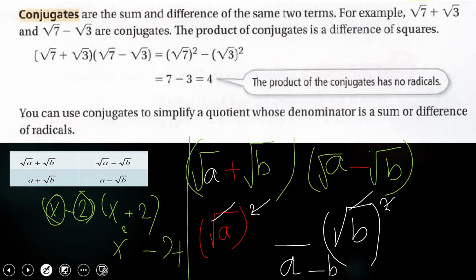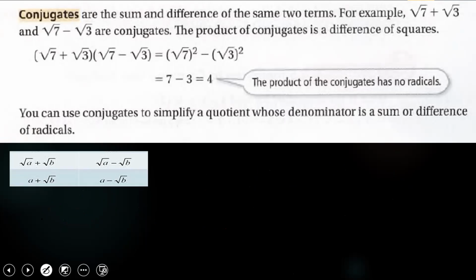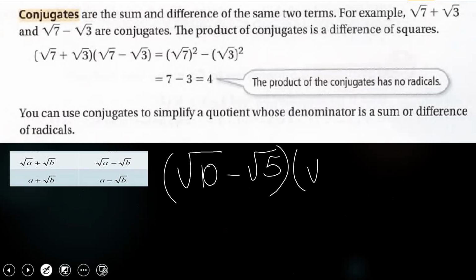But before, Huda, as you see here, since they are the same, you have to do the same: you take the square of the first term minus the square of the second term. Now let's see. Huda says if you have square root of 10 minus square root of 5, and you multiply them by square root of 10 plus square root of 5, is it like this?